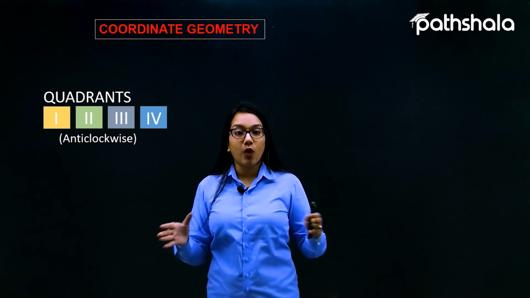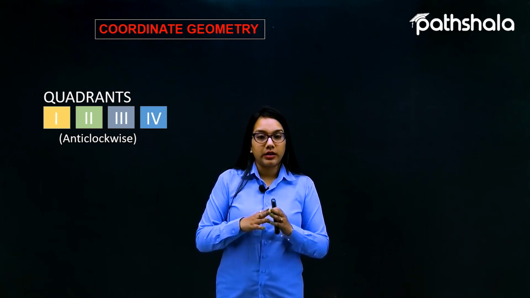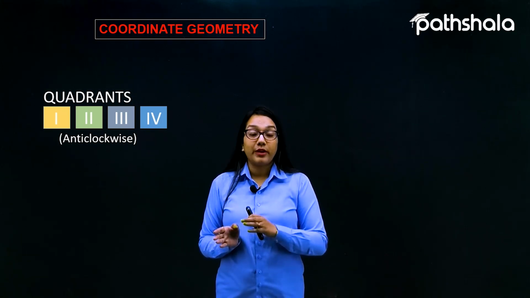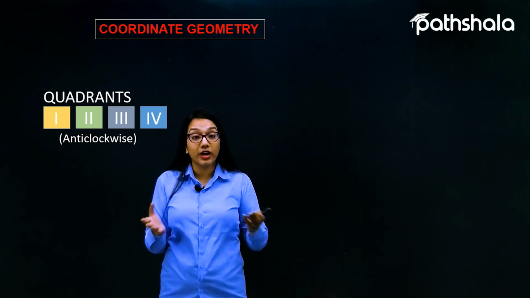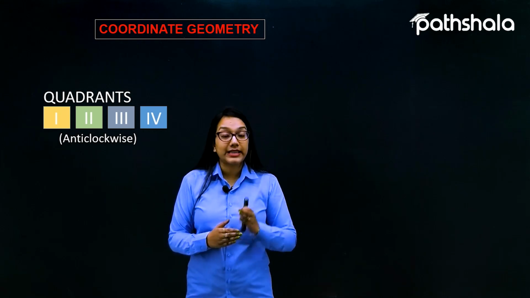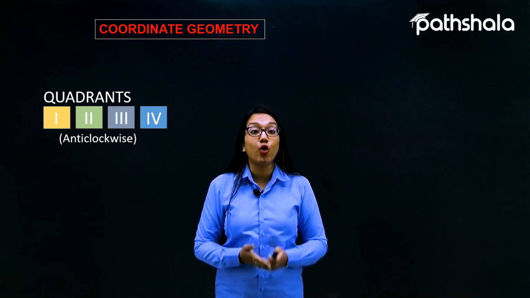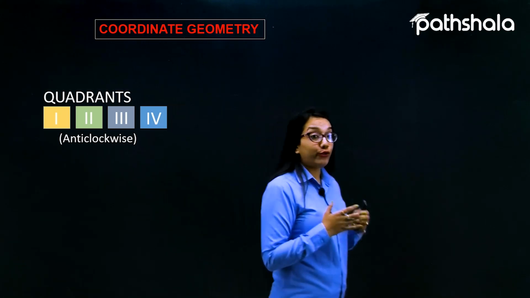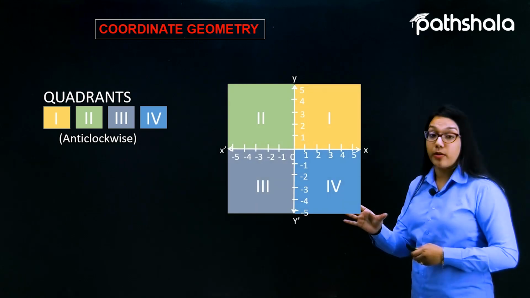What are quadrants? As we know from the introductory part done by me before, there are 4 quadrants. The two axes separate any particular plane into 4 sections. Let us suppose we are talking about this.